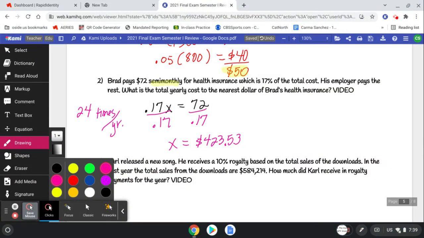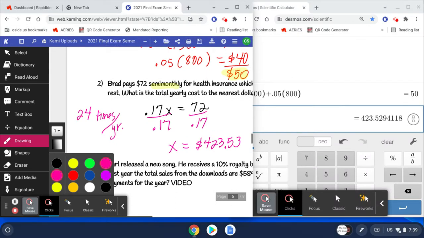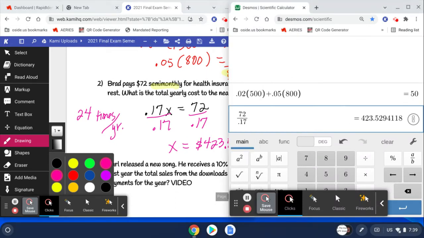This is the pay period total cost. We need to multiply this times the 24 times per year in order to get the total cost. So that gives us a total cost of $10,164.71.